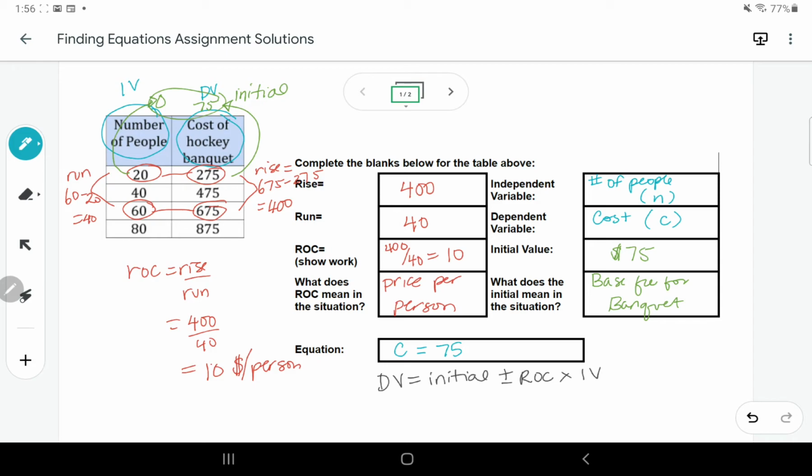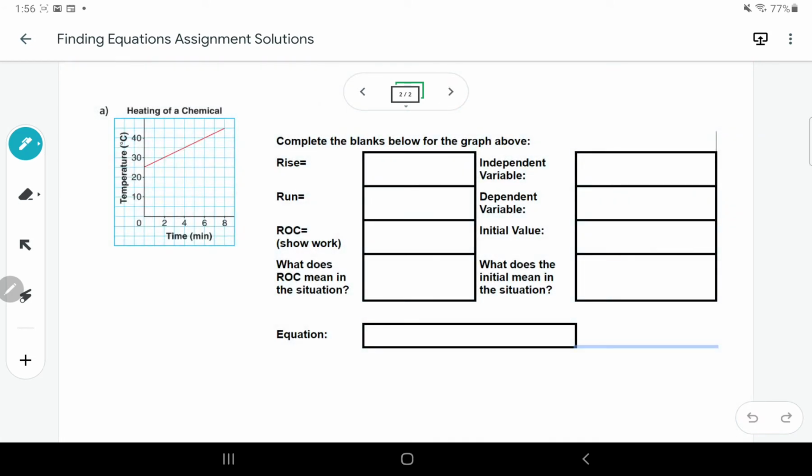Then I have to choose, is it going up or down? You choose which one, plus or minus. And obviously I see that those costs are increasing with each person. It's going to cost more as the number of people increases. The rate of change was 10. And my independent variable was n for number of people. So the cost of the banquet is $75 plus 10 times the number of people.